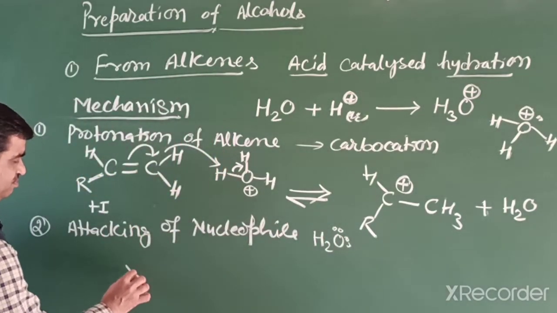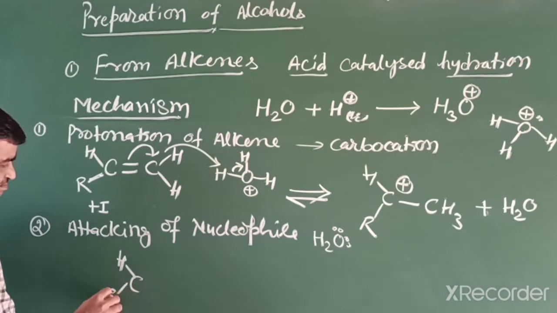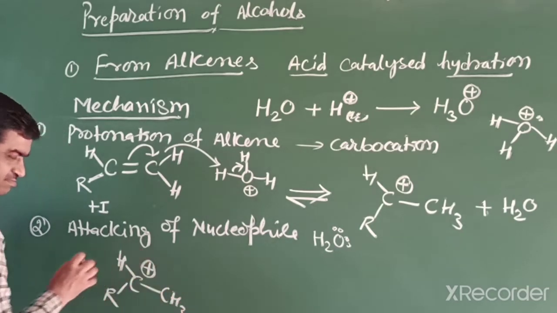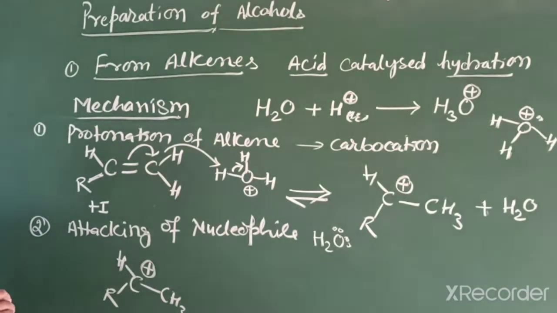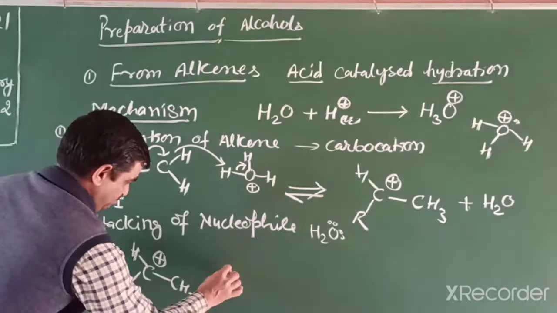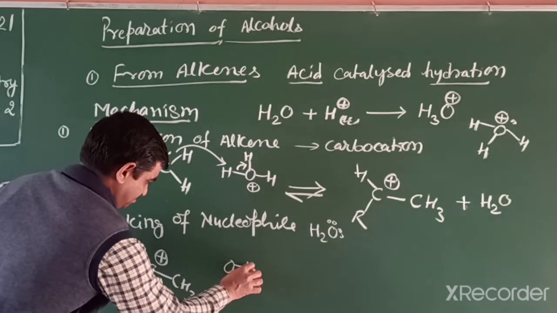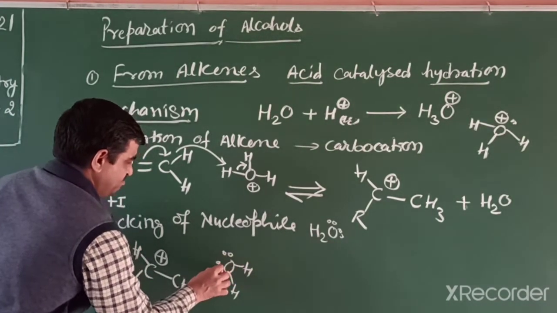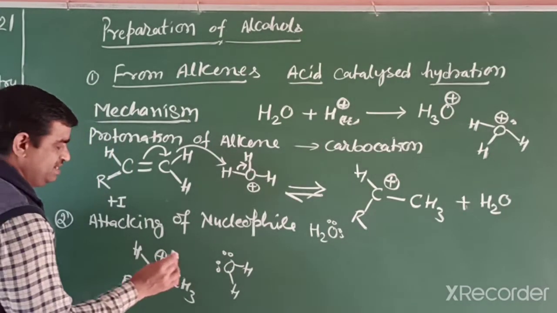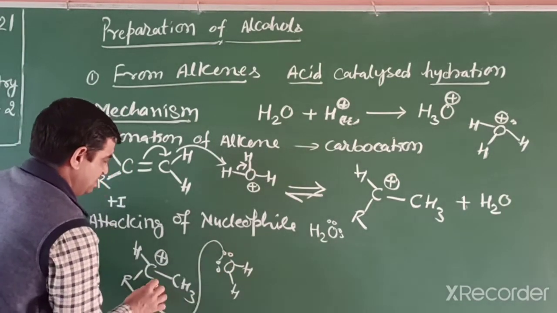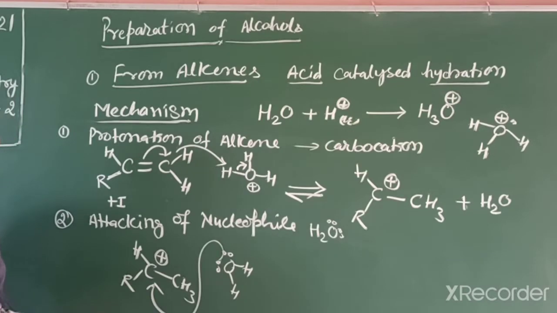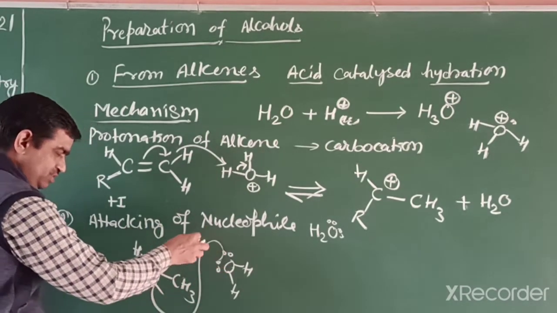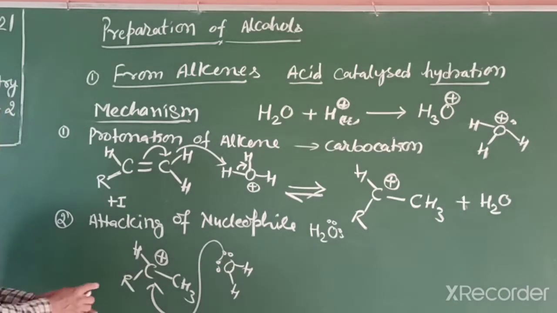So in the second step, after carbocation formation, that carbocation is planar; we know it is sp2 hybridized. So the nucleophile can attack from any side, top or bottom. We know water is a nucleophile. It can attack either top or bottom, and we show the arrow mark from the electron rich system towards the deficient side.